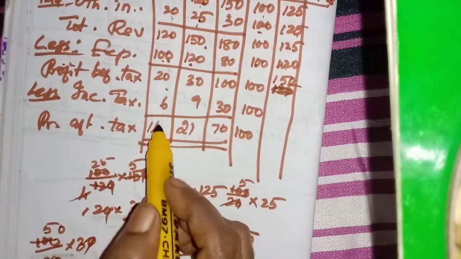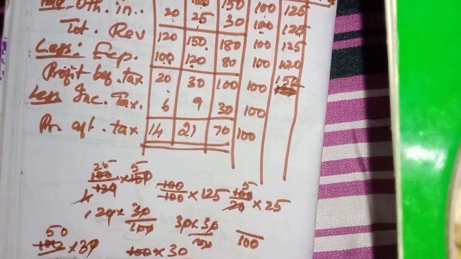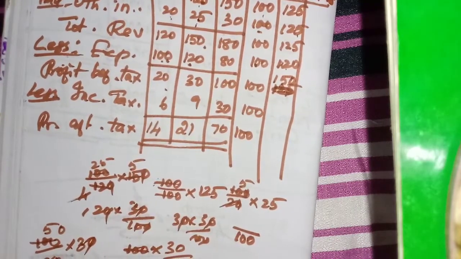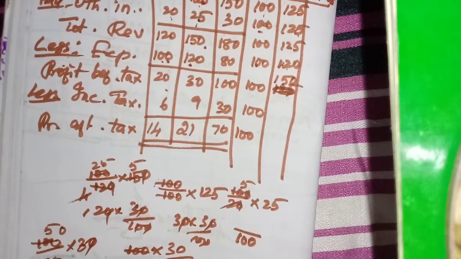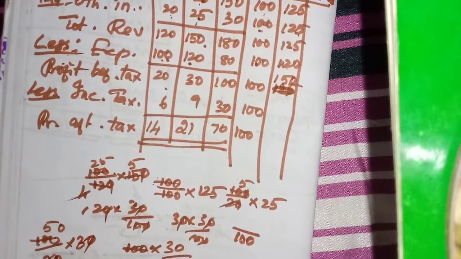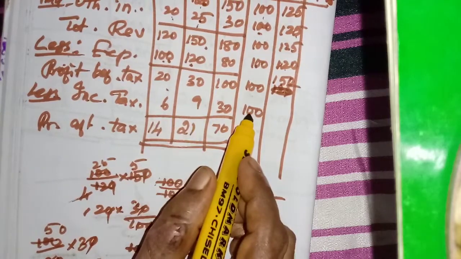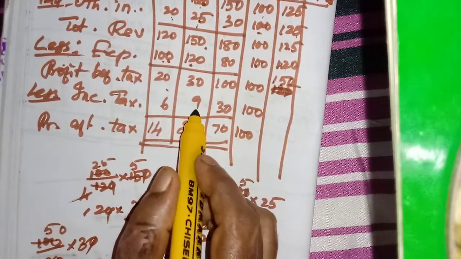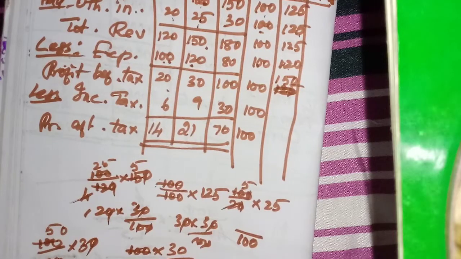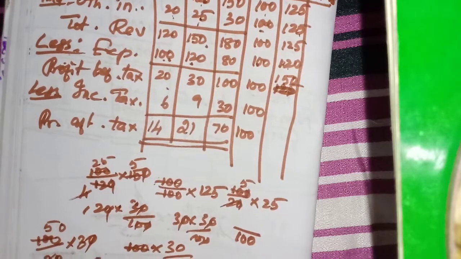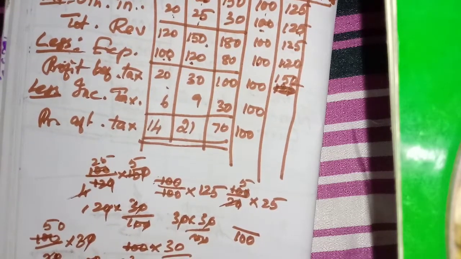Okay, then here for 6 it is 100. Then for 9 how much? Okay, 6 and 9. Here 3, here 2.